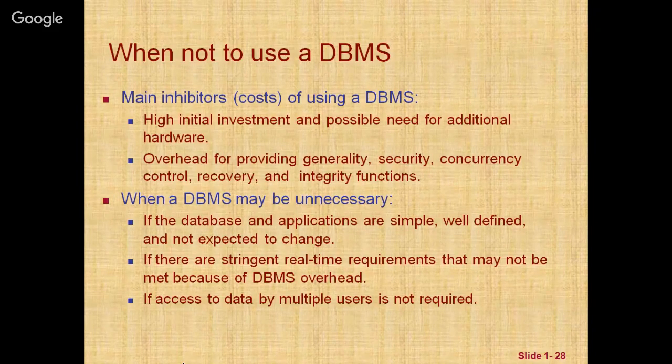The overhead costs of using a database are due to things like high initial investment in hardware, software, and training; the generality that a DBMS provides for defining and processing data; and overhead for providing security, concurrency control, recovery, and integrity functions. So some of these are the reasons for overhead costs.